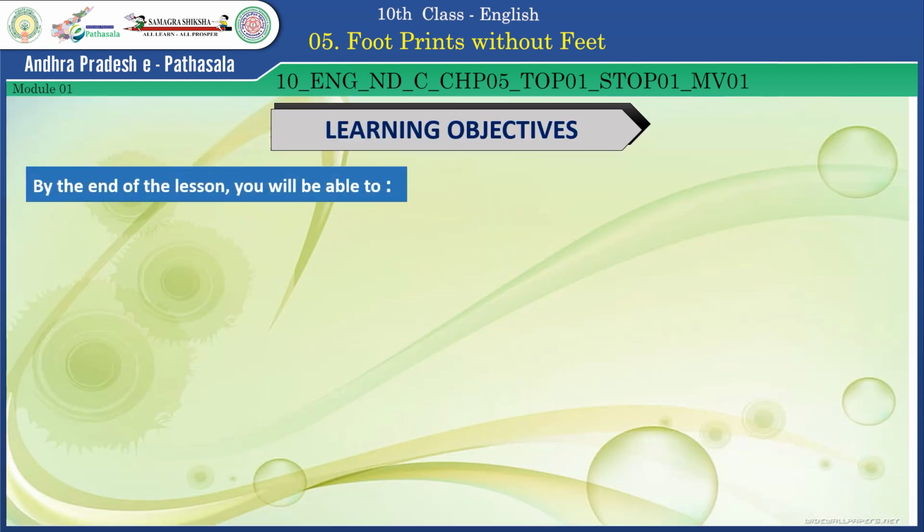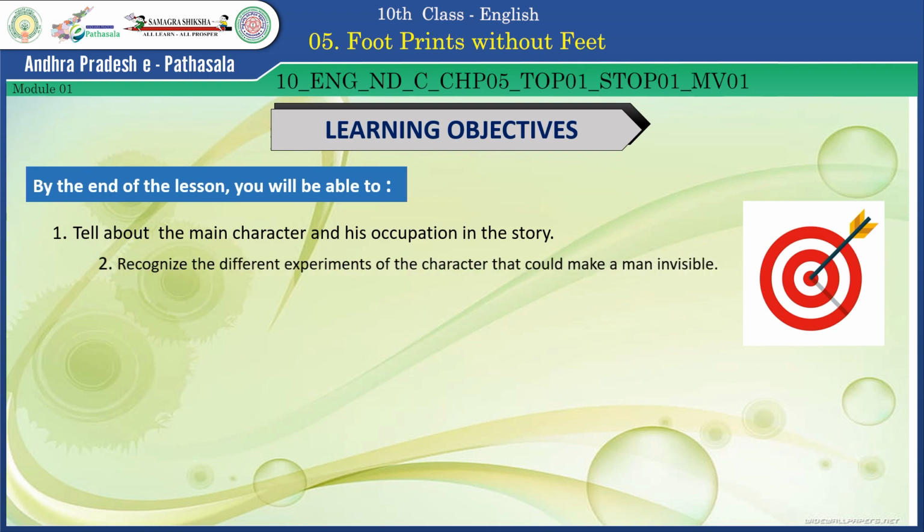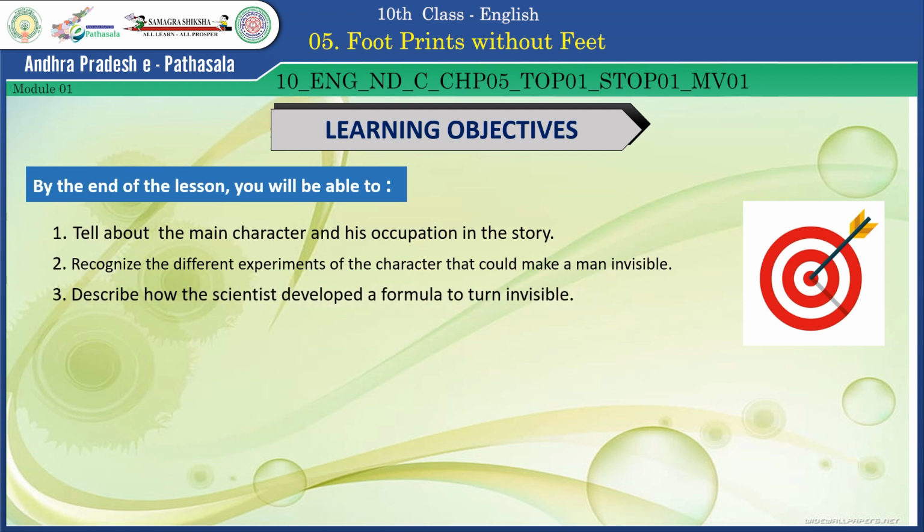Learning objectives. By the end of the lesson, you will be able to tell about the main character and his occupation in the story. Recognize the different experiments of the character that could make a man invisible.